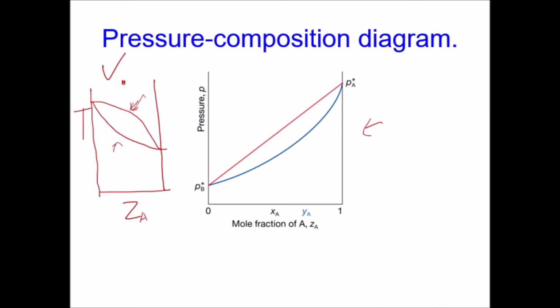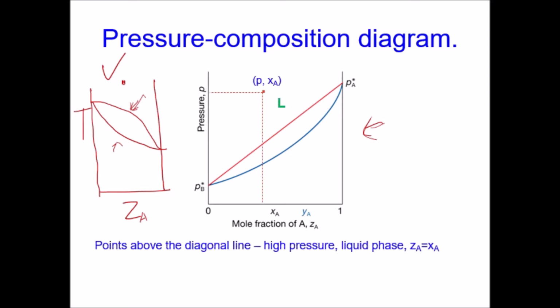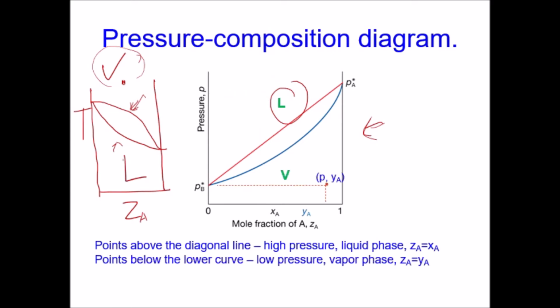But on the pressure composition phase diagram, high pressure actually favors liquid. So note that they are opposite. On the pressure composition, high pressure is liquid and high temperature is vapor phase. And low temperature is liquid and low pressure is the vapor phase.